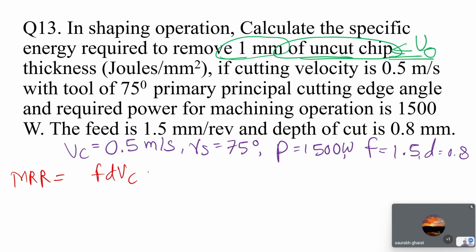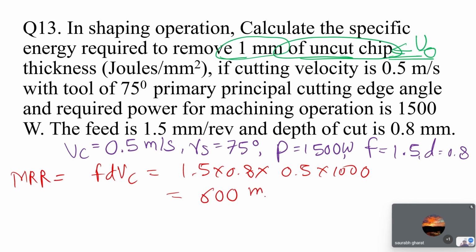Okay, so you know F you have 1.5 into 0.8, into VC will be 0.5 into 1000, okay, because it is 0.5 meters. You have to find in millimeters. Okay, this is velocity, so meter per second. So your answer directly comes to 600 millimeter cube per second. That will be your MRR.